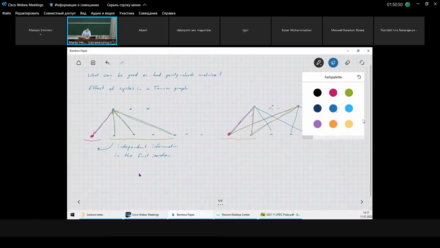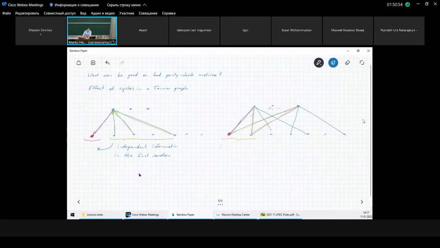So here basically we see in the second iteration we will use information that has already been used before.